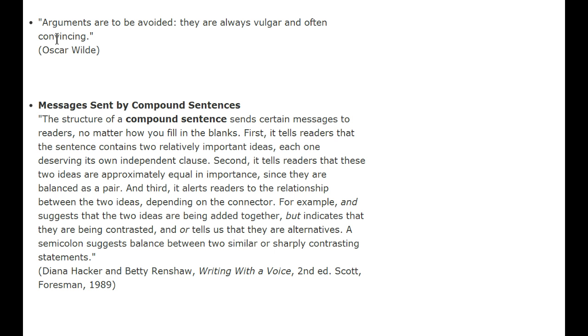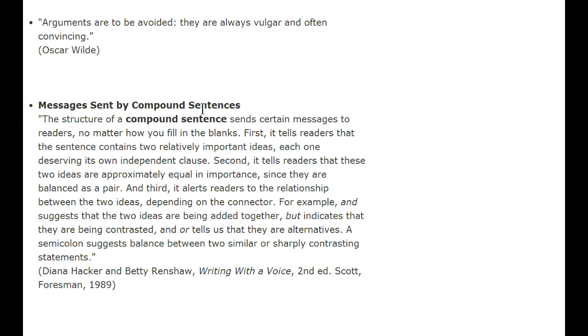Here we have another example. Arguments are to be avoided: they are always vulgar and often convincing. Here we have a colon. Essentially those are examples using different forms of conjunctions.